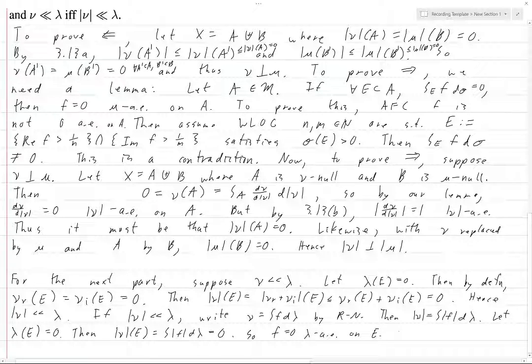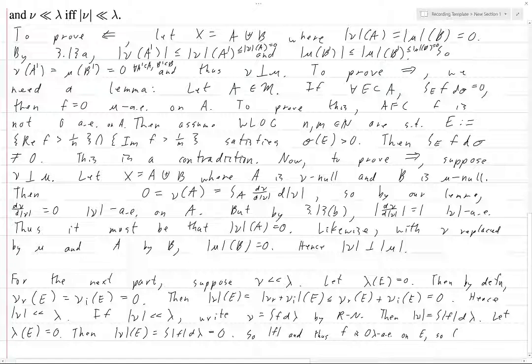I don't think I'm going to... Oh, I might. So, here, let's do this. So norm of f, and thus f is 0 lambda almost everywhere on e.